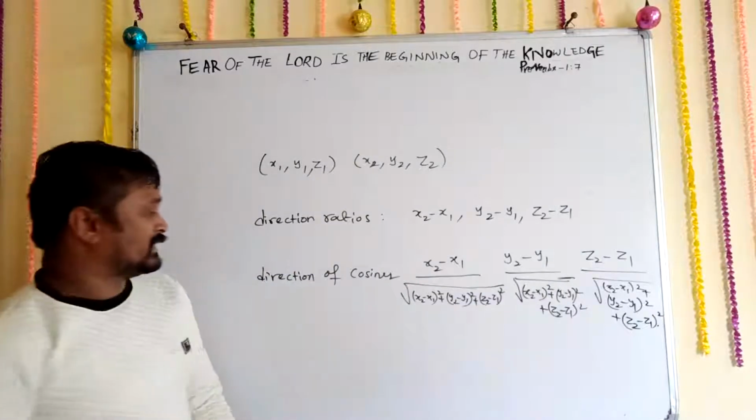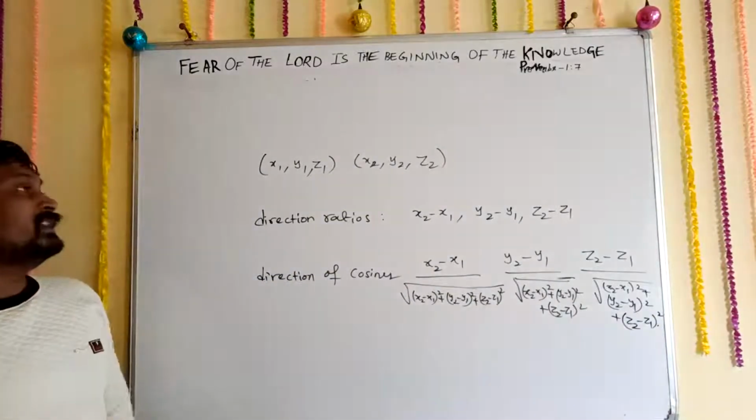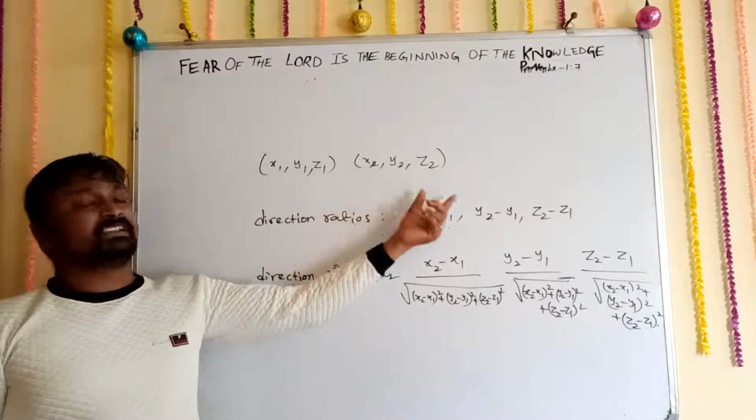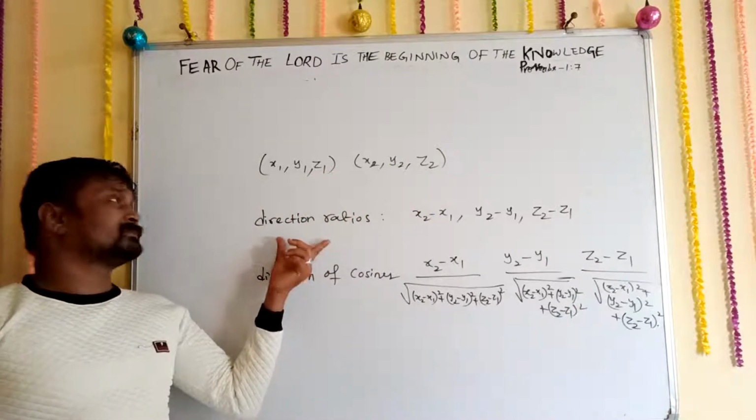First understand it, what is this, then we'll go for our problem. If 2 points are given, x1, y1, z1, x2, y2, z2, then what are the direction ratios?